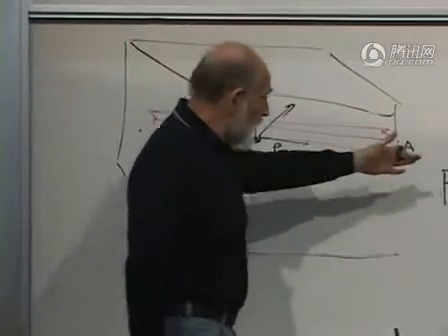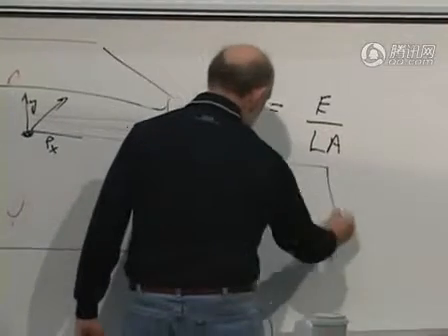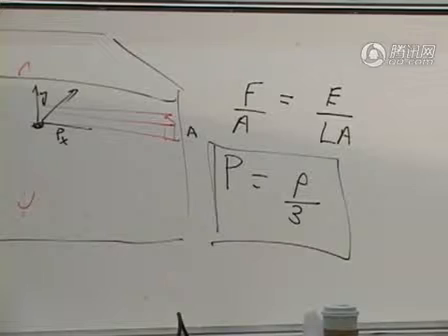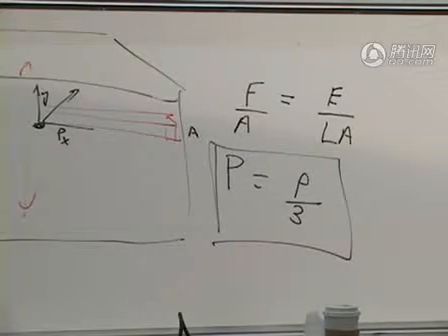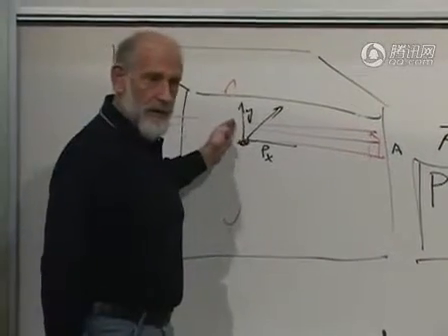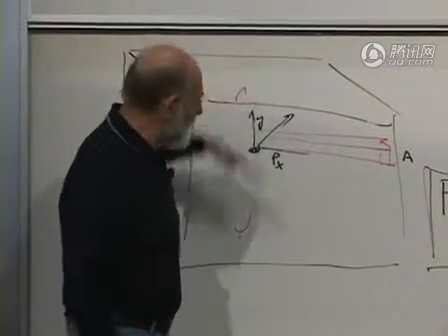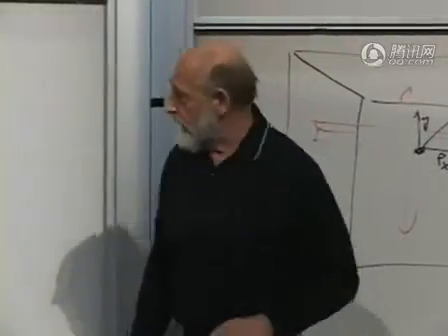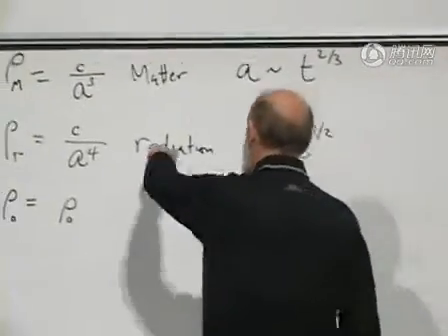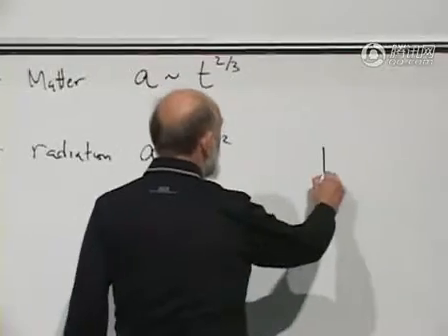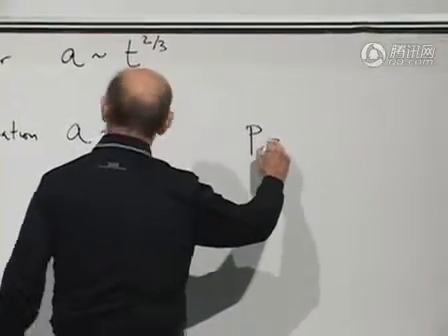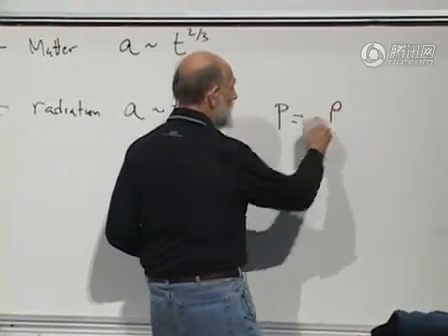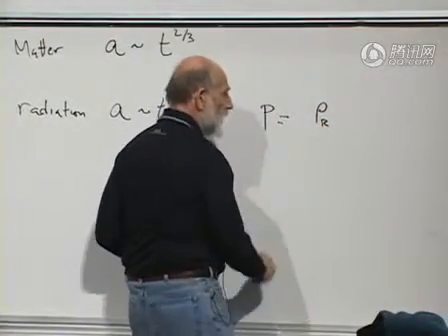So this is a correct relationship. I don't want to do it in detail. Really, it's just that on the average, 1/3 of the energy is going into motion in this direction, 1/3 is going into this direction, and so forth. All right, so P equals rho over 3. Let's write that down over here. Pressure for the radiation-dominated world is energy density, radiation, divided by 3.